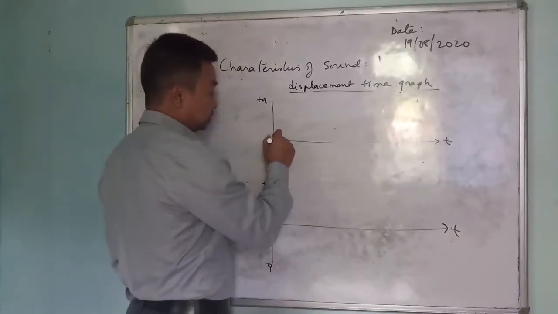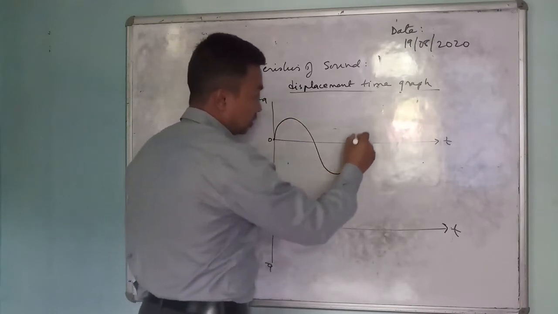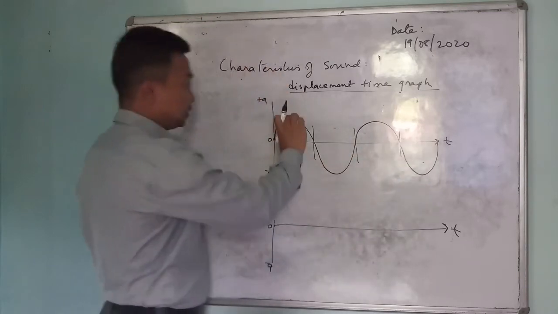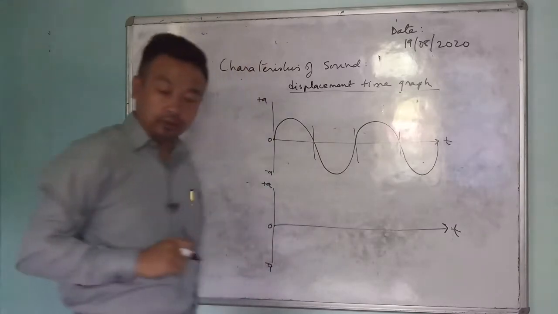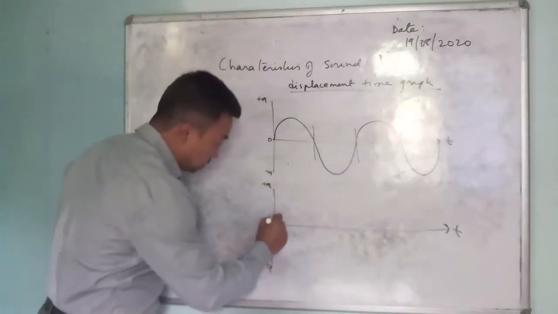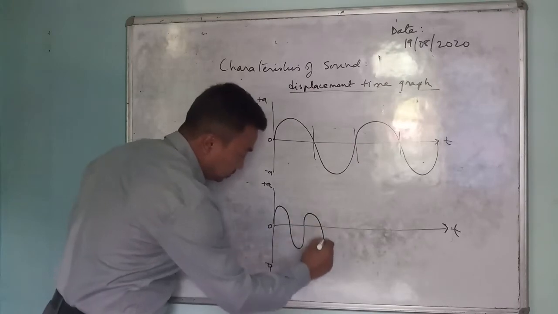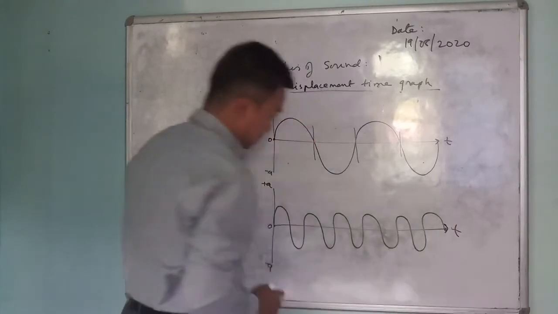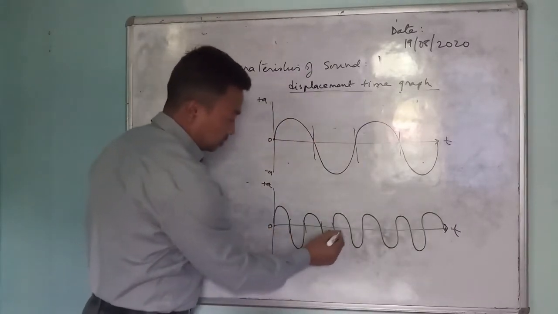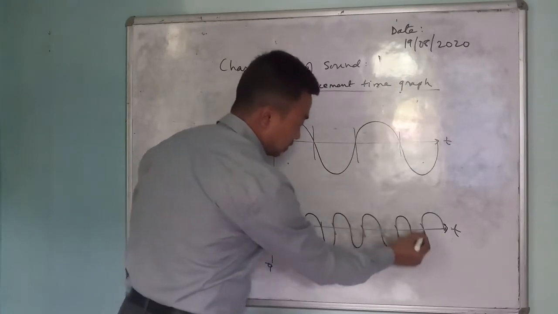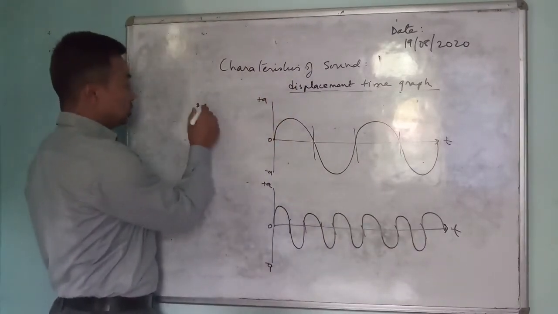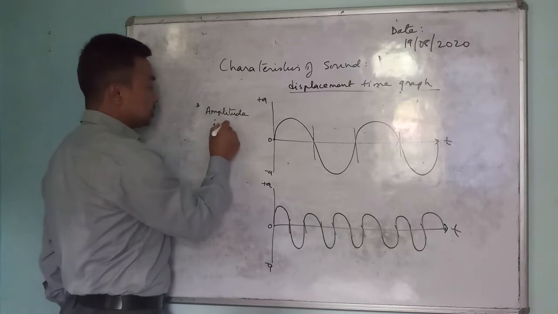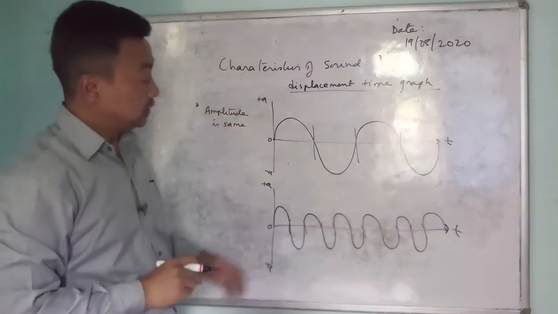Suppose I draw one wave here, okay, like this. See, the amplitude is same here, and in the second case also I make the same amplitude. Okay, if you look at these two notes, here what is happening is amplitude is same for both the notes, but what difference do you see here?